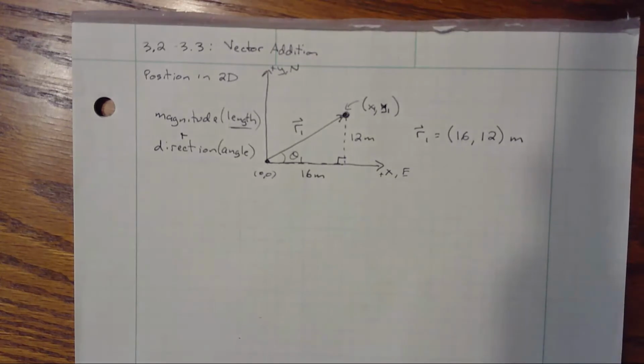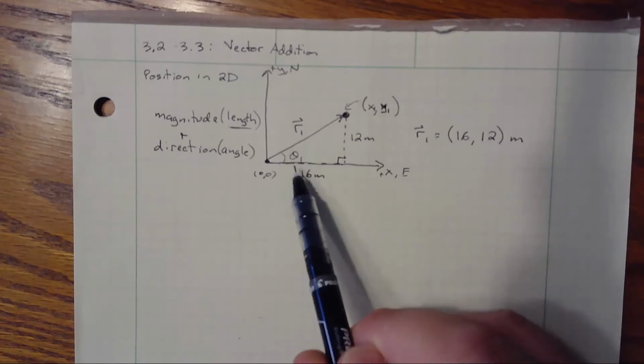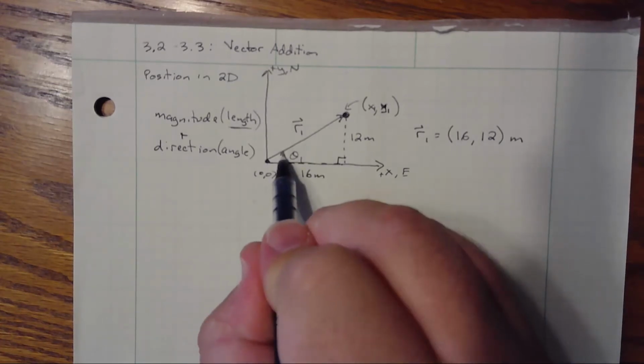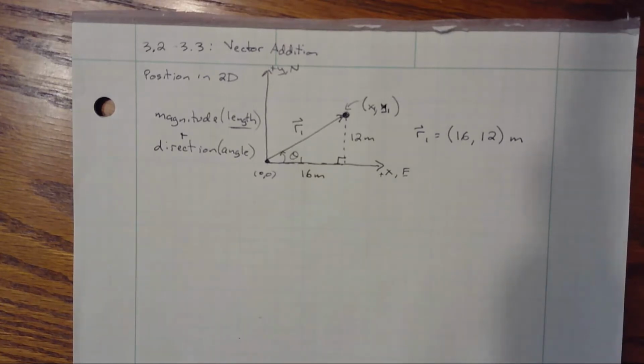And so we'll have to be careful about how we define this angle. Notice I've already snuck in this angle here, so we're writing it as an angle counterclockwise from the positive x-axis. And that is typically how we will define these angles.